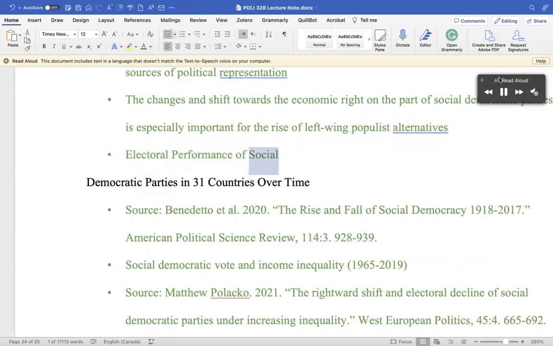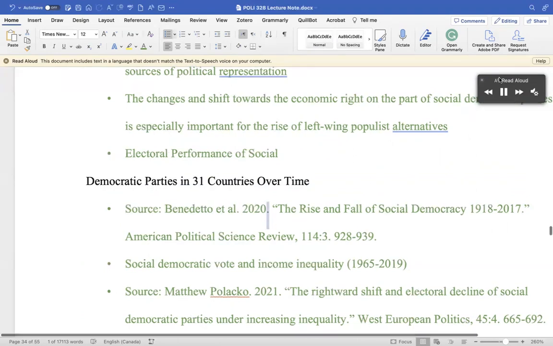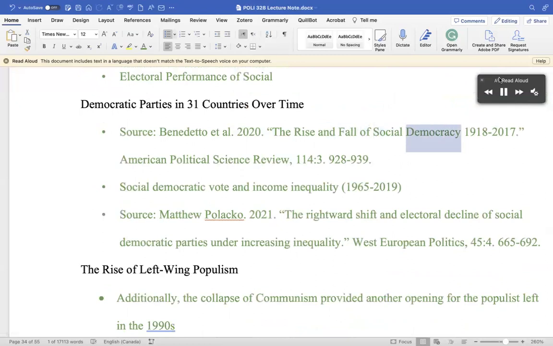Electoral performance of social democratic parties in 31 countries over time. Source: Benedetto et al. 2020. The Rise and Fall of Social Democracy, 1918-2017. American Political Science Review, 114(3), 928-939.